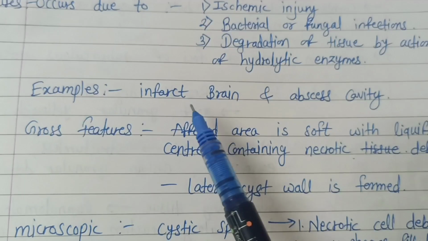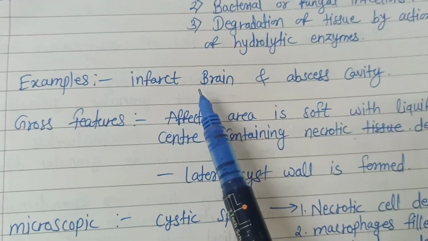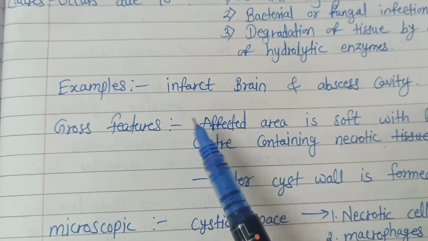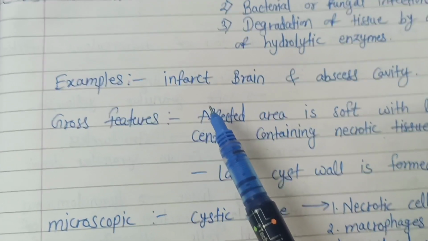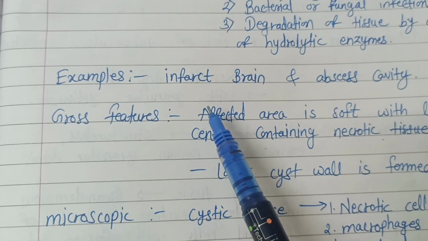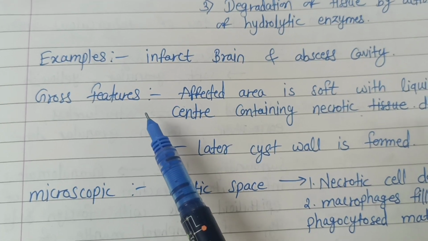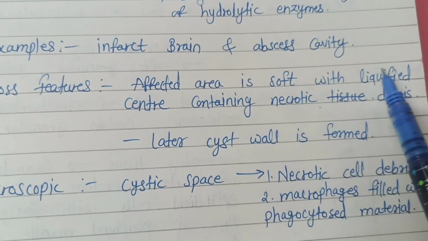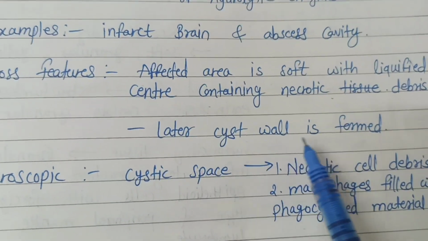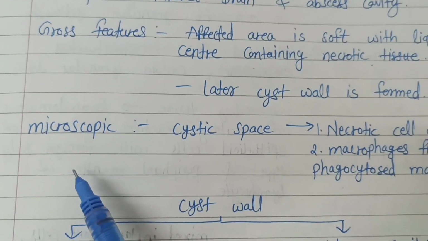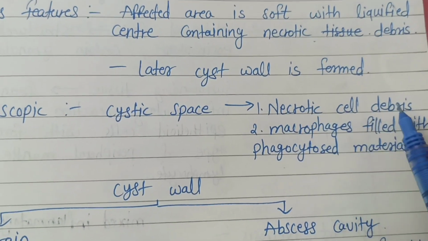Now examples: infarct brain and abscess cavity. What is this infarct brain? It occurs as a result of disrupted blood flow to the brain due to problems with the blood vessels that supply it. Then gross features of liquefaction necrosis: the affected area is soft with a liquefied center containing necrotic debris, and later a cyst wall is formed. Then microscopic features: the cystic space contains necrotic cell debris.